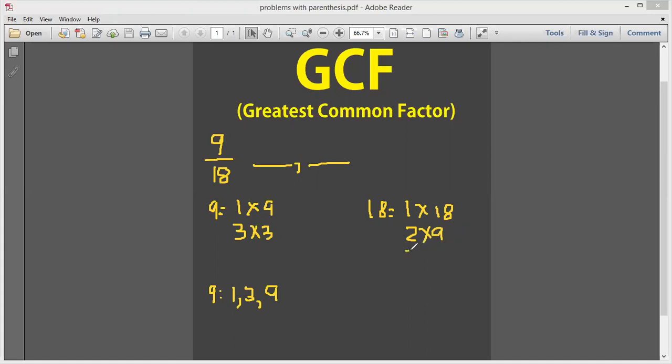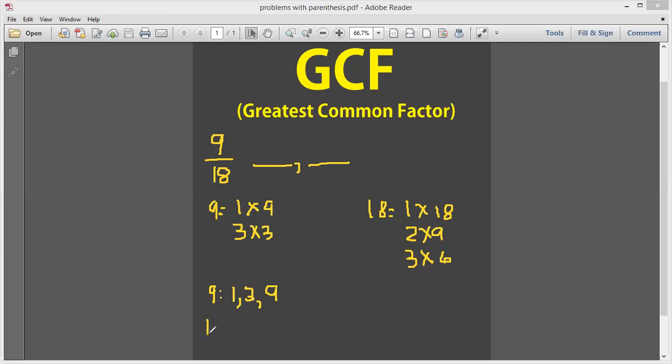How about 3? 3 times 5 is 15. 3 times 6 is 18. Very good. How about 4? 4 times 4 is 16. 4 times 5 is 20. No. 5? No. 6? You're back to 6. So that means you can stop.